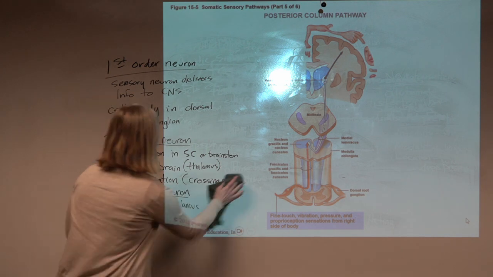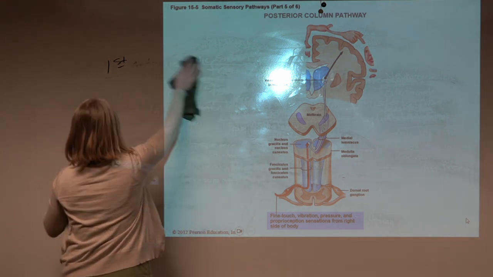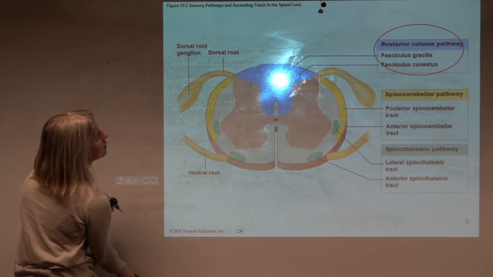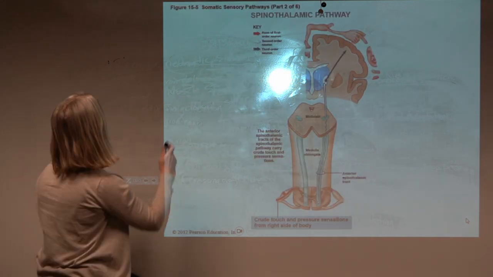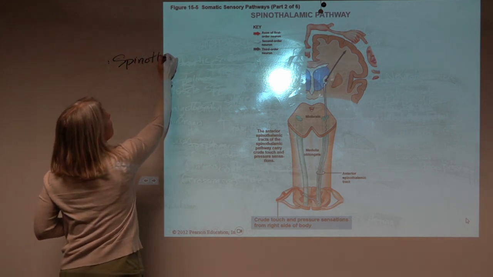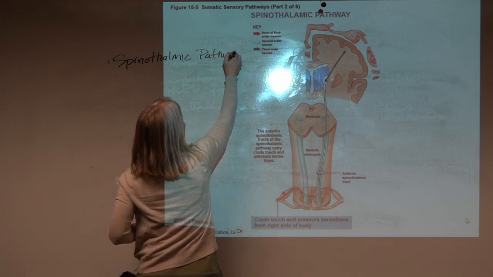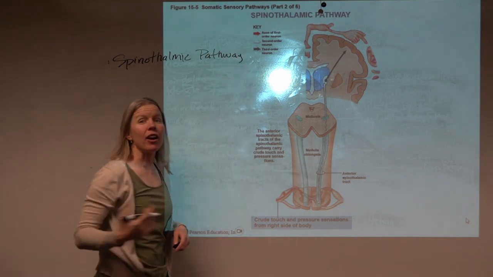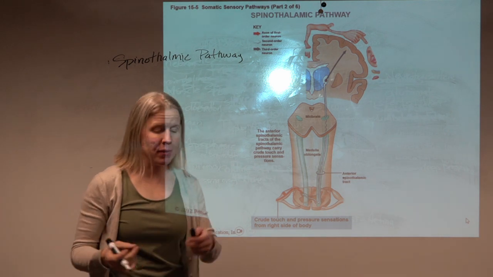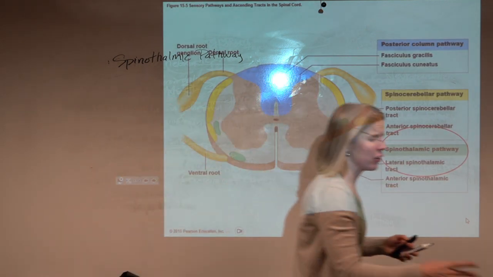Let me give you some notes here. Spinothalamic pathway. And again, you should know these three pathways are carrying sensory information. I am not going to ask you for these individual little tracts.